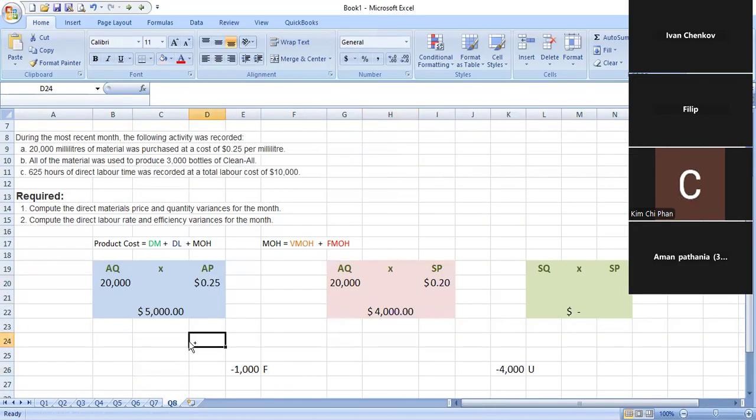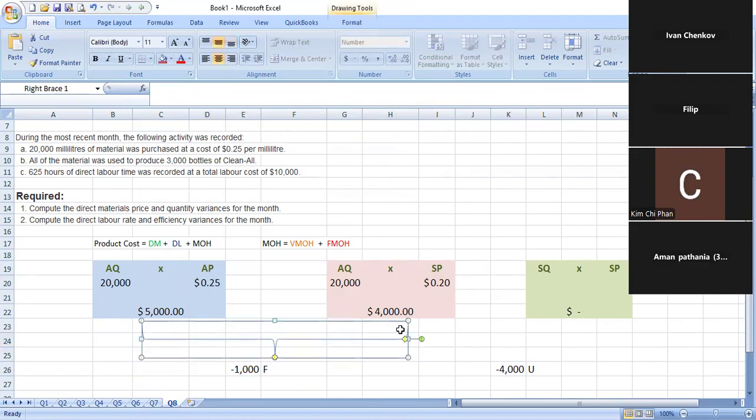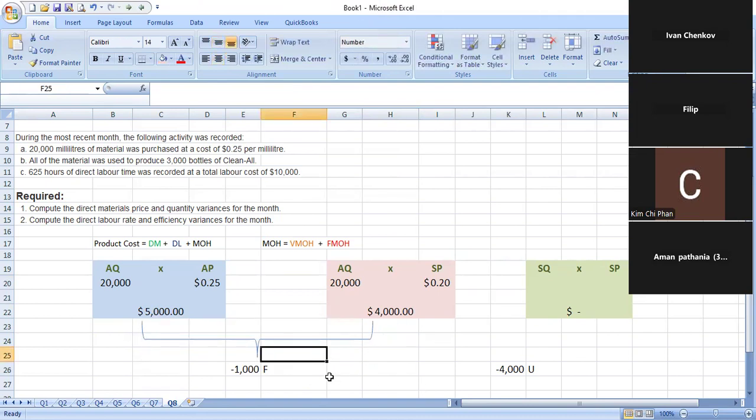Why? Because we're using more. The price of the material went up, by how much? By 5 cents. And over 20,000, that drives the difference of 1,000 unfavorable here.